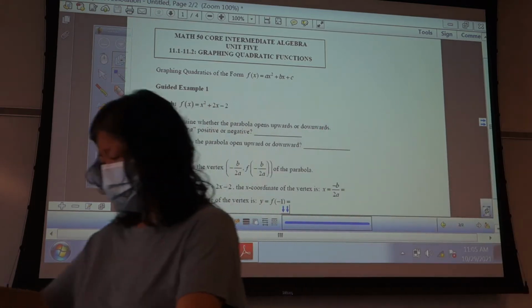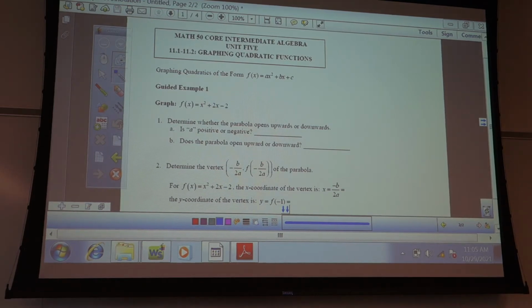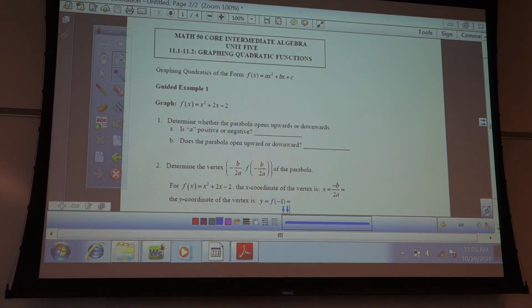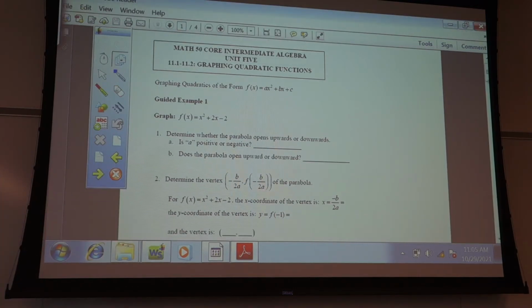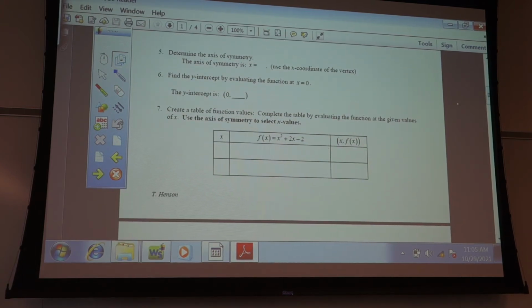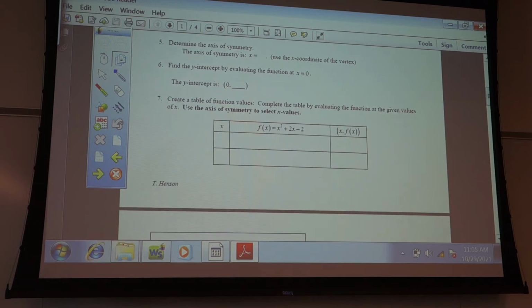These are the two we did last class. Okay, so I believe where we were was, we finished this part here of finding the values, and then we need to graph them.